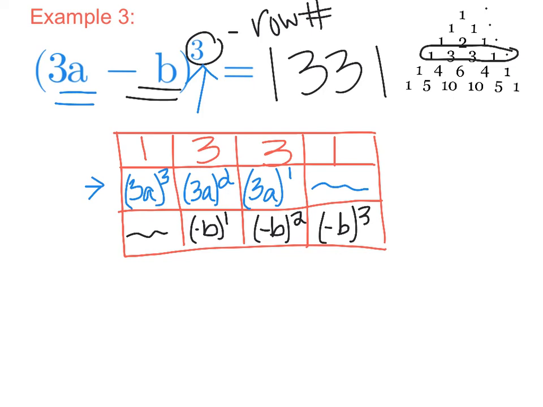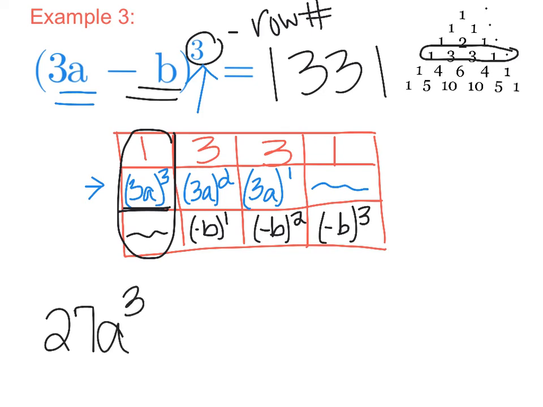Okay, so we're going to multiply down. Now remember, don't forget your rules of exponents that will be applied here. Whenever I multiply this, I need to pay attention to this middle one because that 3 is being applied to everything, so that's really 27a to the 3rd. Okay, we're done with that. Now look at the one in the middle, that's going to be 9a squared. So 9 times 3 is 27.